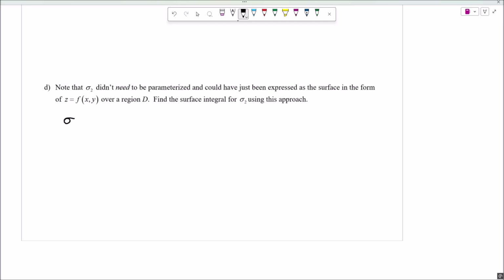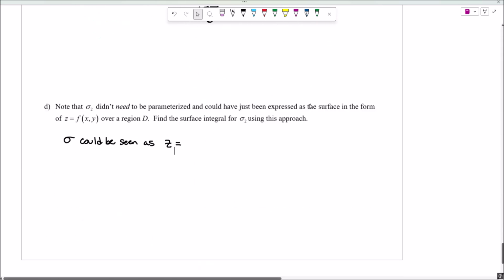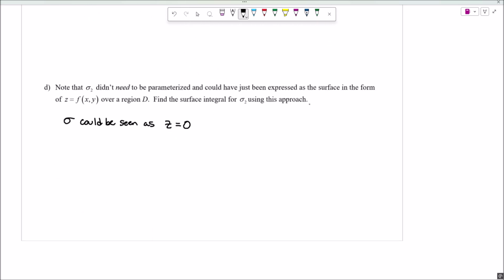So I could say that sigma could be seen as a formula z equals something. If you go back to this surface though, it's almost obvious what z should be here. If you look at any one of those red points, what can you tell about their z coordinates? Well, the z coordinate for every single one of those red points is always 0.